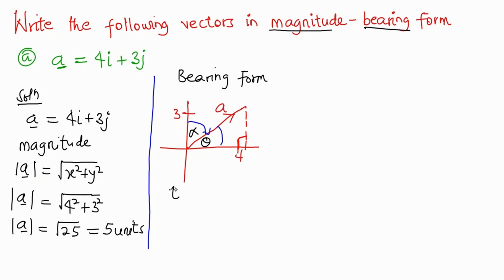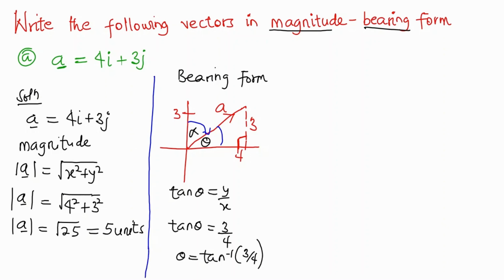Our tan theta is equal to the opposite side, which we know to be y, over the adjacent side, which we know to be x. Here we can see that this is the x-axis and it's 4, and this side is the y-axis and it's 3. So tan theta is equal to our y value, 3, over our x value, 4, which implies that theta is equal to the tan inverse of 3 on 4.